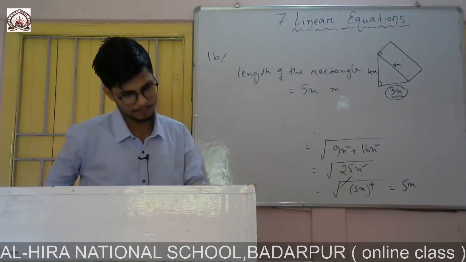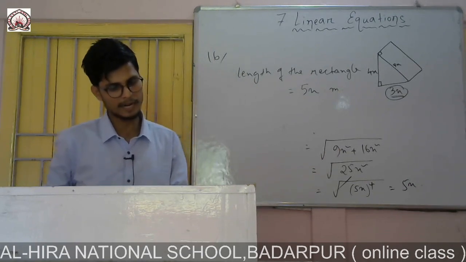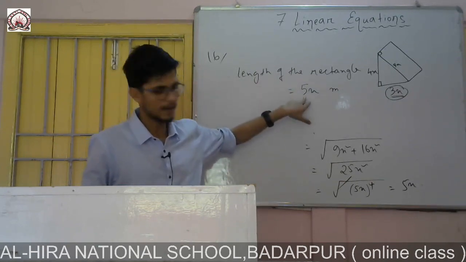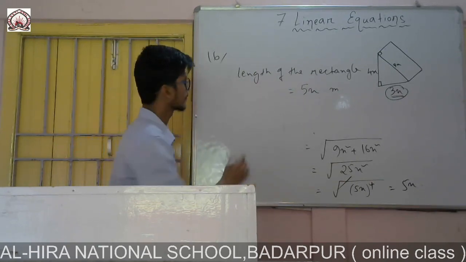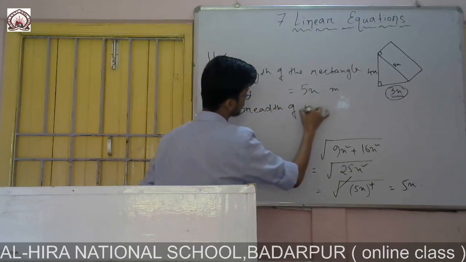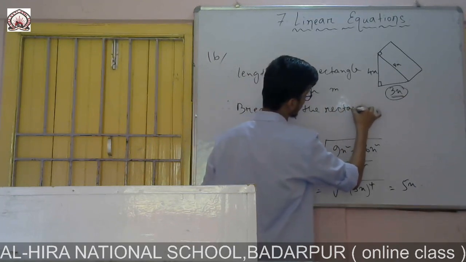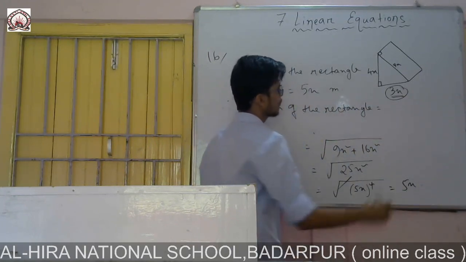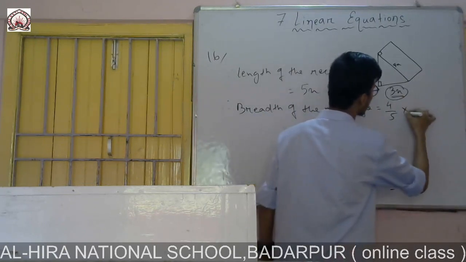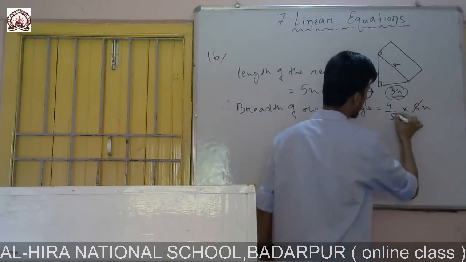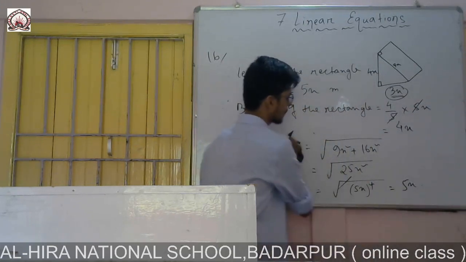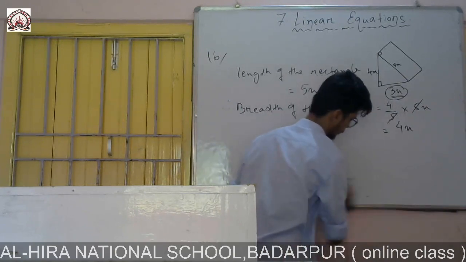Now I have to find the breadth. It is said that the breadth of the rectangle is 4/5 of its length, that means 4/5 of 5x. Therefore the breadth of the rectangle equals 4/5 of 5x. The 5 and 5 cancel, so it is 4 into x, that is 4x.